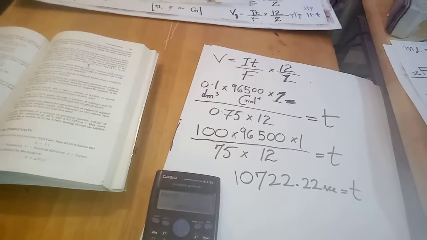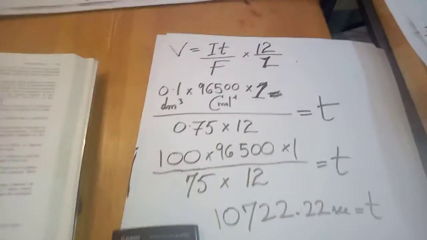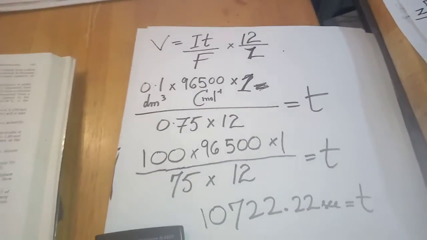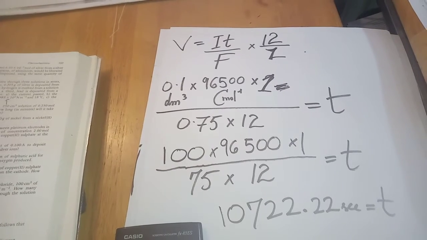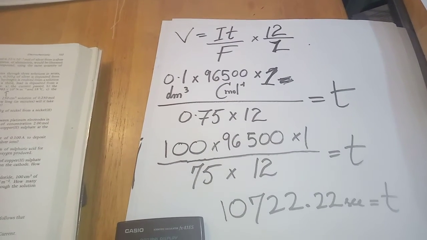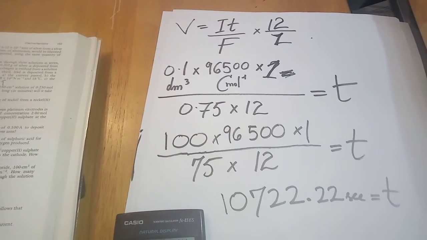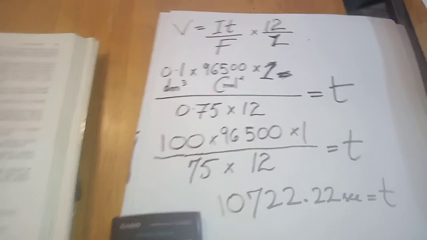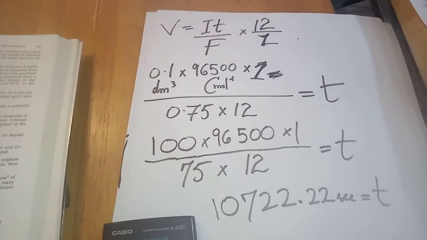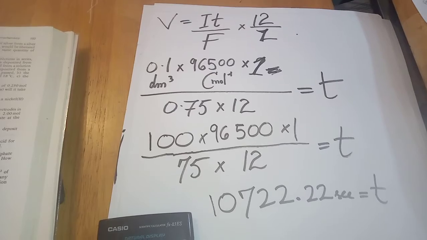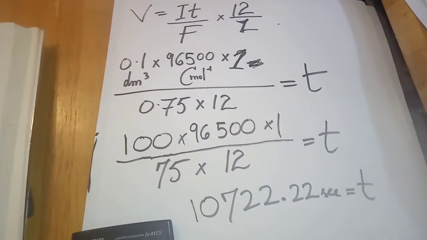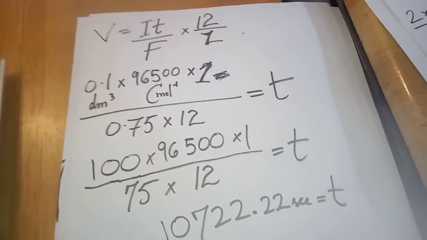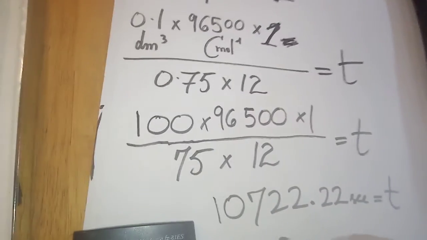So times 0.75 IT, yes. V over I times 12 times FZ. 78 minutes, around about 3 hours.